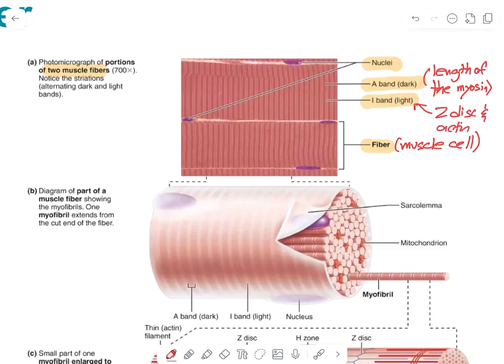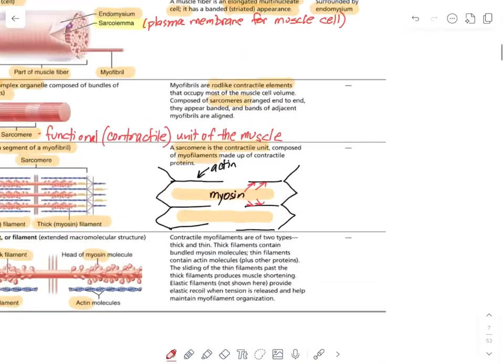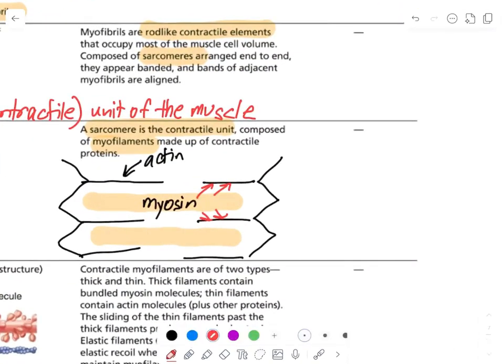So there's a way to remember the organization of the sarcomere. So I'm going to go back to this previous slide for that example. A way to remember that is if you remember the mnemonic HAZY. HAZY will help you to remember that the H zone is in the A band and the Z disc is in the I band.